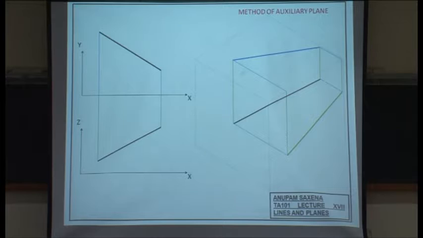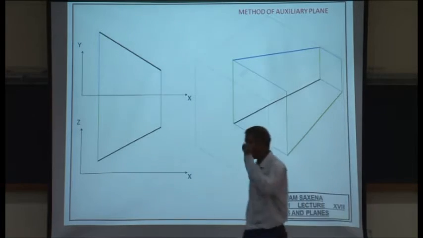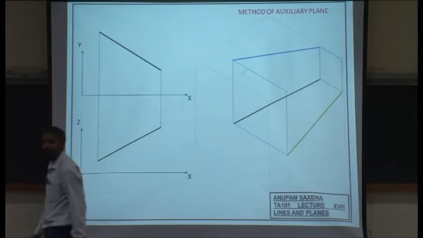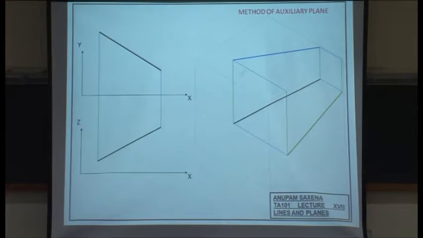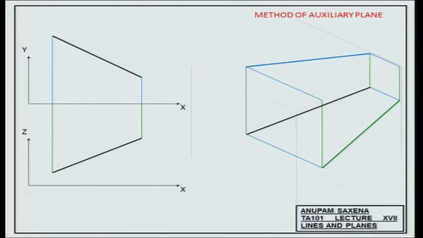My proposition is that if I draw a plane which passes through that blue line on top, I would be able to capture the actual three-dimensional line, the black line, within that plane. That black line is a true line, therefore it would have the true length.